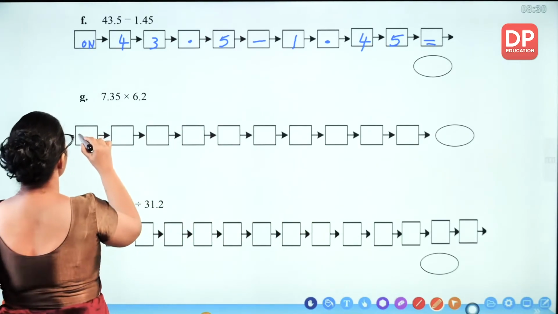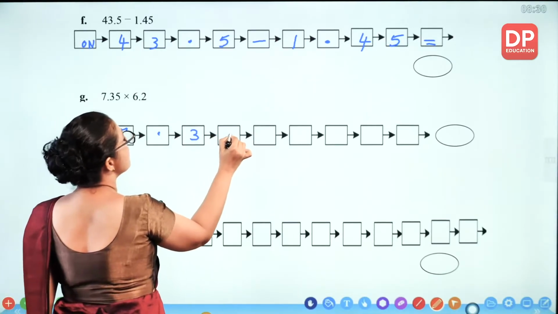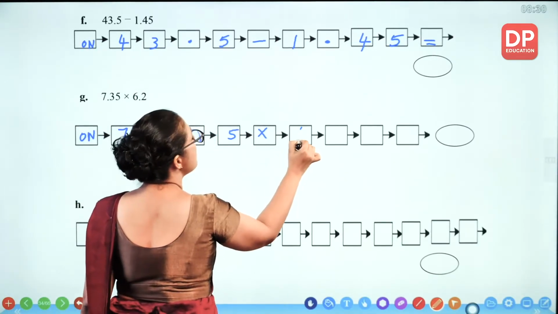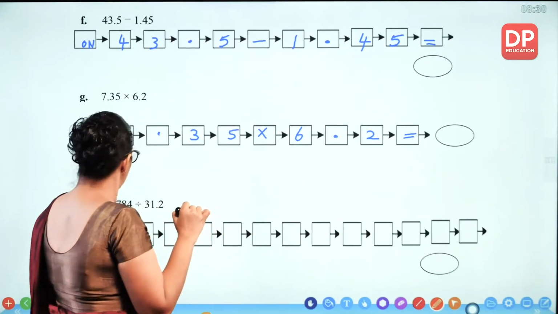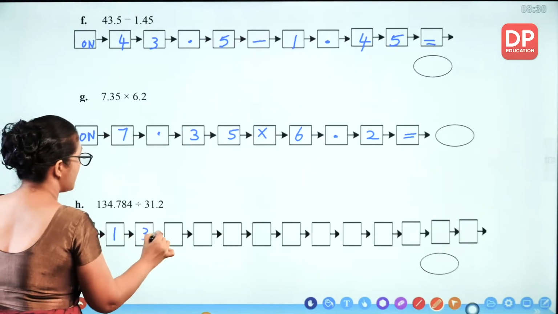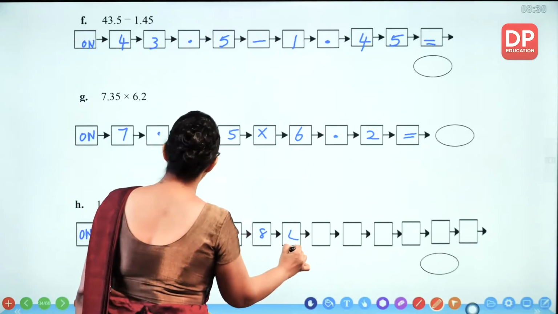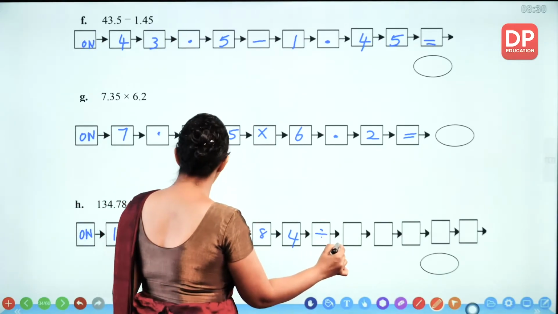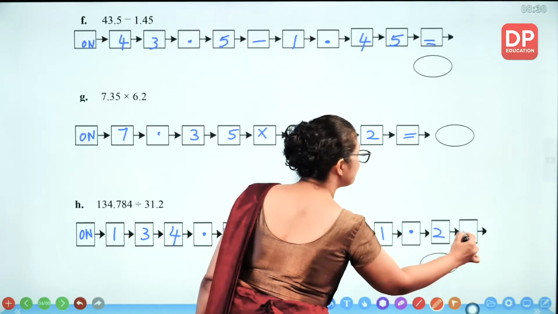This one, switch on the calculator. 7.35 multiplied by 6.2. This one, switch on the calculator. 134.784 divide by 31.2.